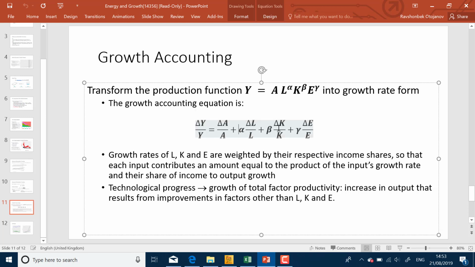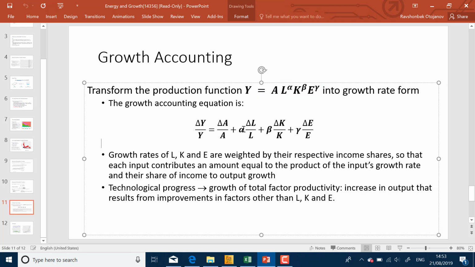So nothing changed here except that we now express the percentage change in y, the output, as this weighted sum of the factors' growth plus the percentage change in A, which is what I call innovations or technological progress. Because this is a single A augmenting all the factors of production, we call this total factor productivity.